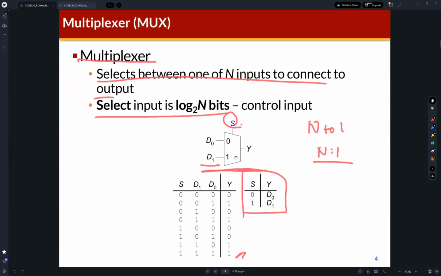About the multiplexer, it's a very important block, and we can use multiplexers like a basic gate. Think about the if else statement.